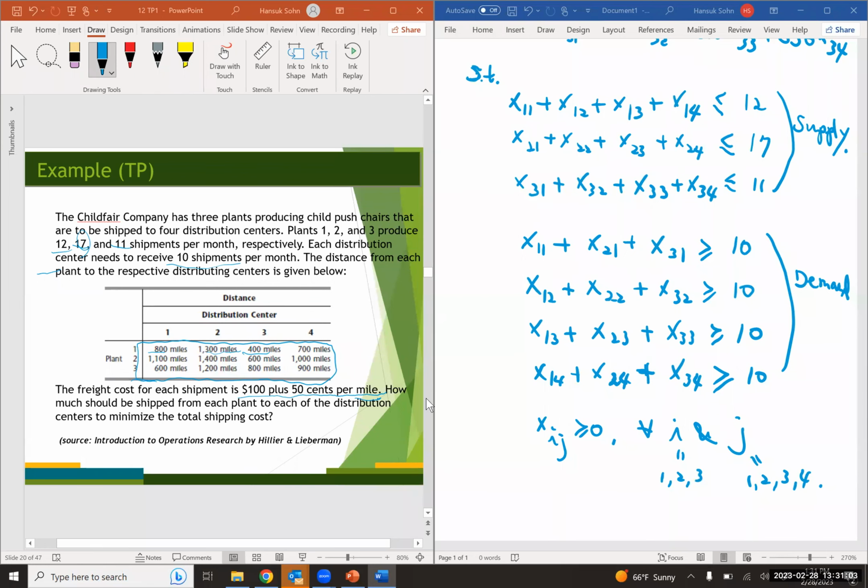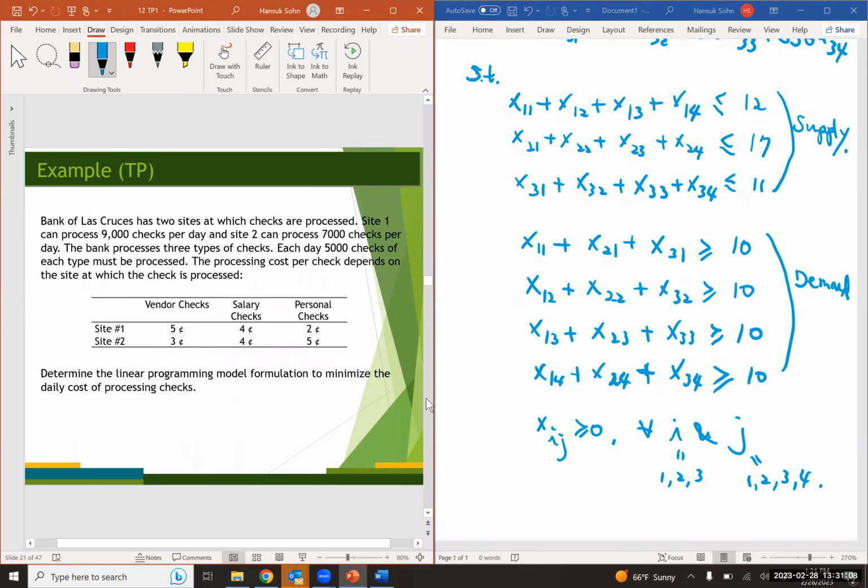Okay, so let's move on to the next example. Okay, so let's read the problem description together. The Bank of Las Cruces has two sites at which checks are processed. Site number one can process 9,000 checks per day, and site number two can process 7,000 checks per day.